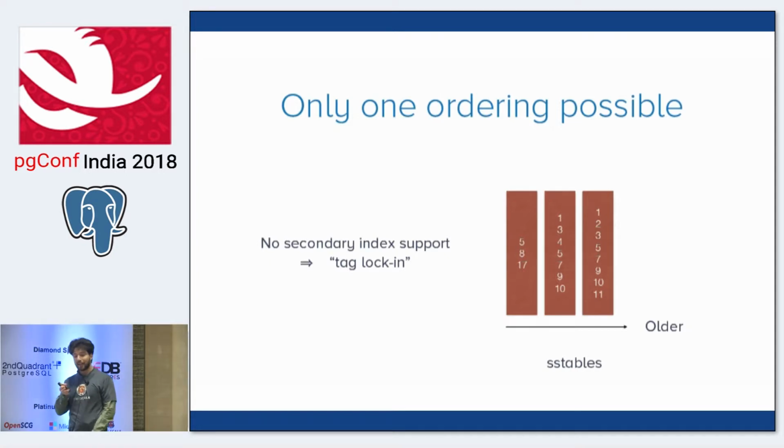You actually can't, and this is because clustering, just like log-structured merge trees, needs to order all of your tuples, and you can only order your tuples in one way. There's no way to do it multiple ways. So fundamentally, this data structure doesn't really support multiple indexes like you have in Postgres.